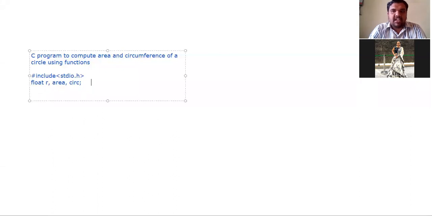Area and circumference store the results after finding the area and circumference of the circle. They are your global variables, which means they can be accessed throughout the execution of the program.